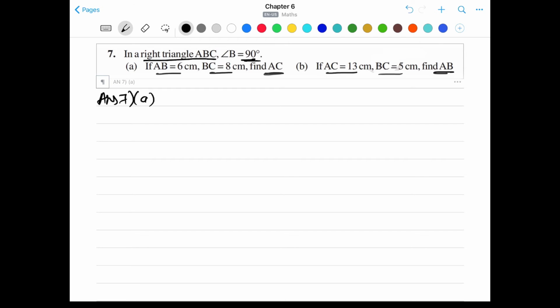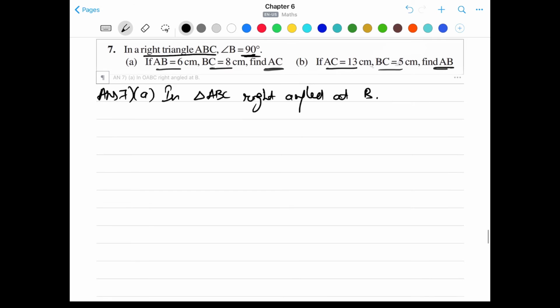So we have here right triangle ABC, right angled at B, so that means B is the right angle. By using Pythagoras theorem, we know that the square of hypotenuse is equal to the sum of the squares of the other two sides.